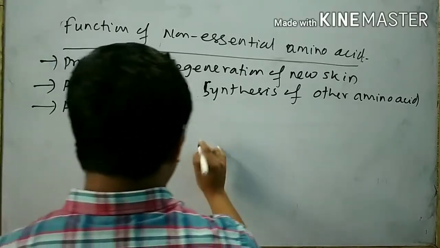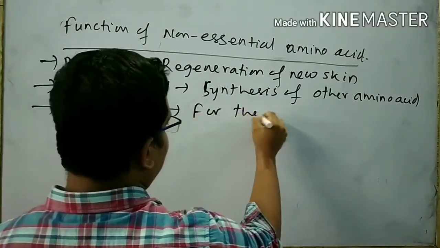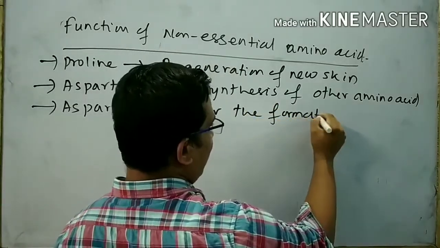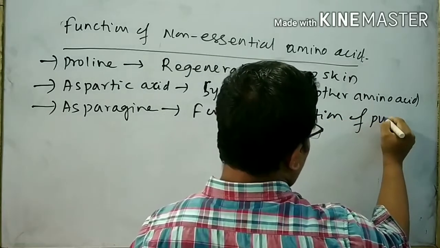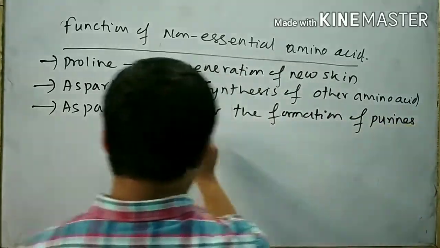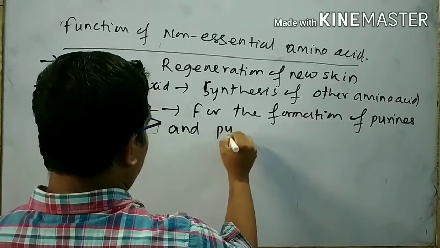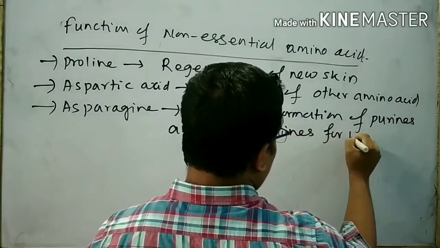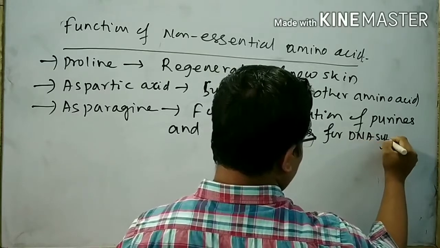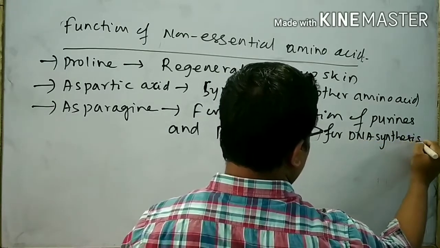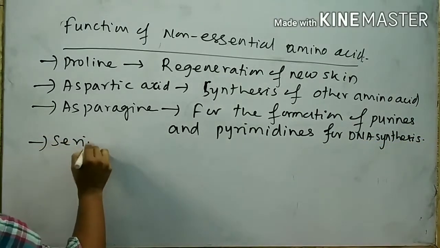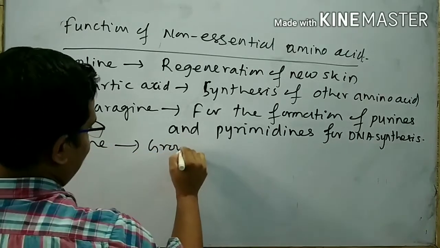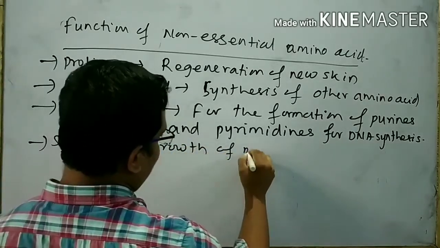Asparagine is used for the formation of purines and pyrimidines for DNA synthesis. Next is your serine. It is responsible for the growth of muscles.